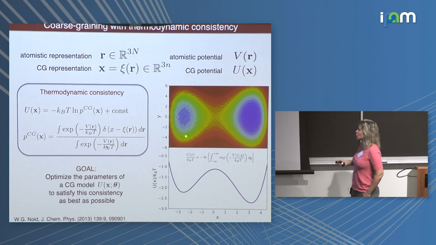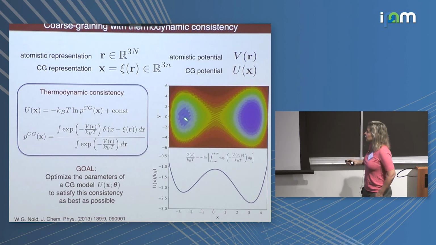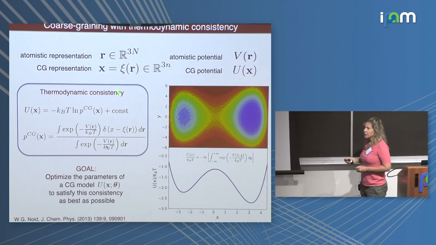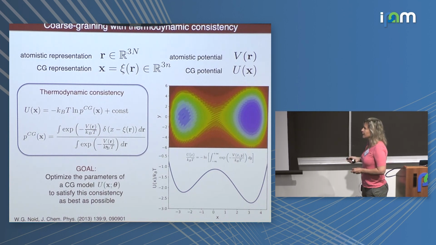This is how it works for a trivial system: coarse graining from 2D to 1D. The atomistic system is this two-dimensional system with two deep minima, and the interesting dimension here clearly is the x-coordinate. So we coarse-grain away the y-coordinate, we project onto the x-coordinate, and in this case we can do the integral exactly, and this is what we get for the coarse-grained potential.